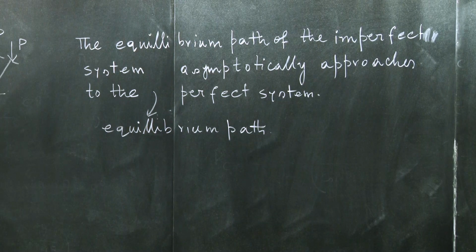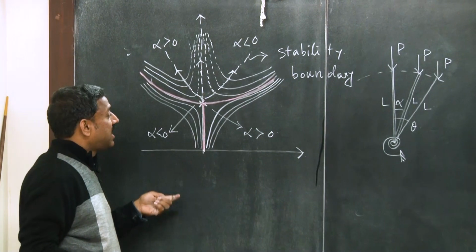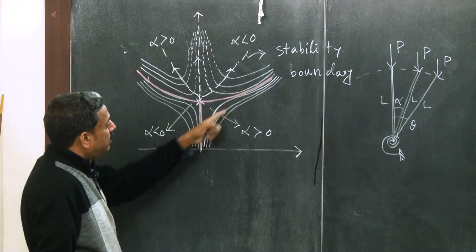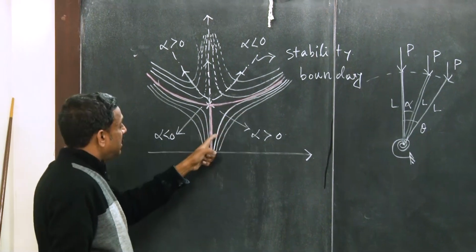So you see, it destroys the structure. Please note the diagram here. This is the perfect structure, and these are the equilibrium paths for the imperfect structure. These are all stable.